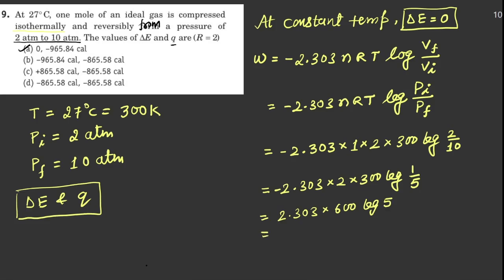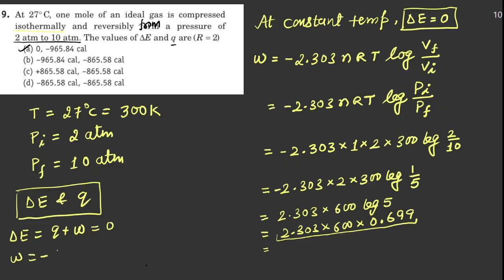So what is the value? 2.303 into 600 into log 5, where log 5 is 0.699. You know, delta E is Q plus W is equal to 0. So that means Q is equal to minus W. Yes, beta, what is the value?